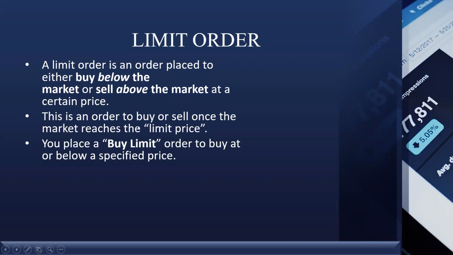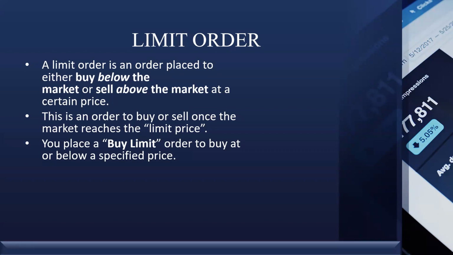So this is an order to buy or sell once the market reaches a limit price. There is a particular limit the market will go to, and it will trigger your buy. There's a particular limit the market will get to, and it will trigger your sell. You understand?